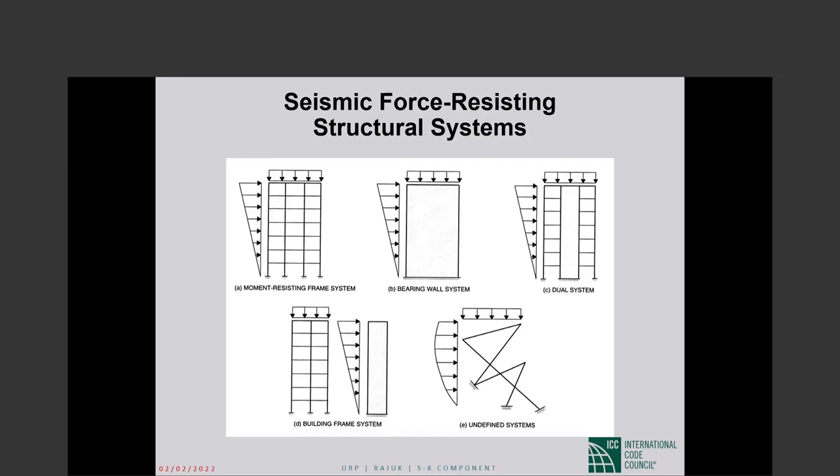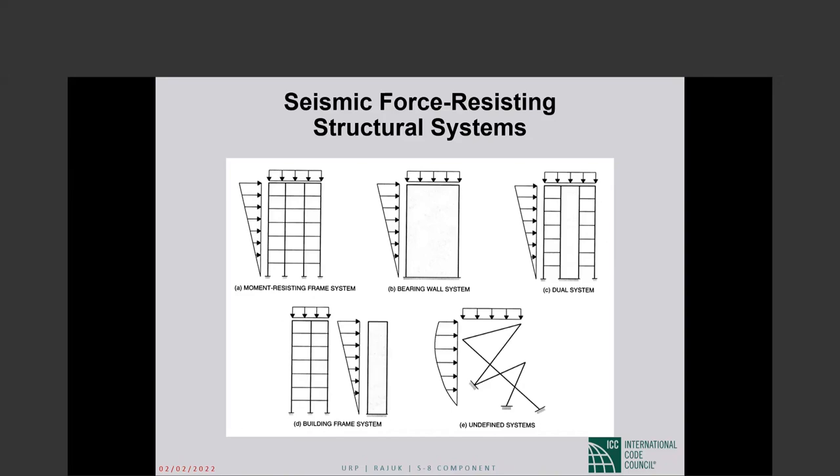That analysis will show you that near the bottom of the structure, almost the entire story shear goes to the shear walls, almost nothing to the frames. But as you move up the building, the frames pick up more and more with the shear walls unloading on the frames. You have to design the frames and the shear walls on that basis.